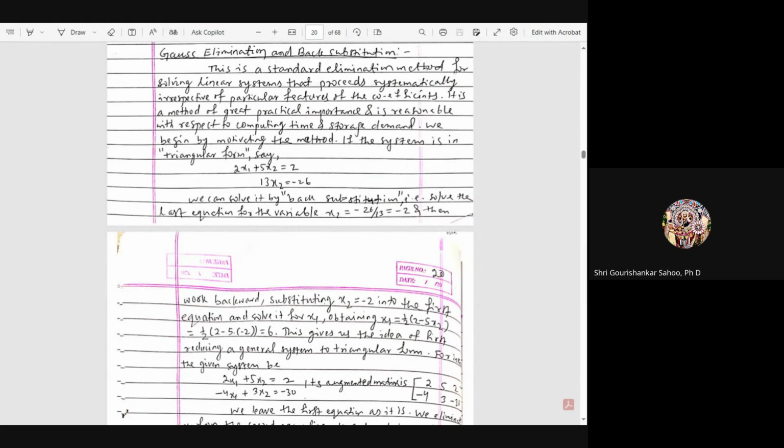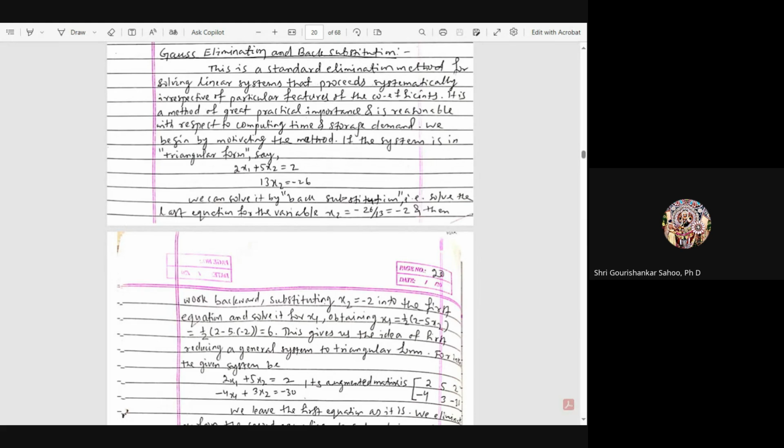So if you have an elimination type of thing, then you have an equation where there is only one variable, and you can get the value of that variable from that simple equation. You can put that variable in another equation and get another variable.